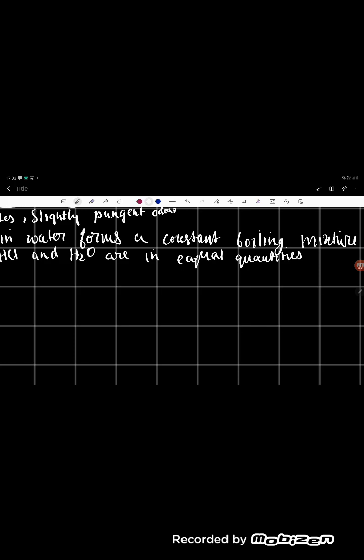Therefore, HCl cannot be concentrated beyond a certain concentration point, because after a certain point, a mixture evolves and it starts turning into vapors.